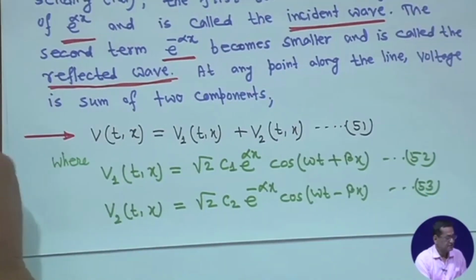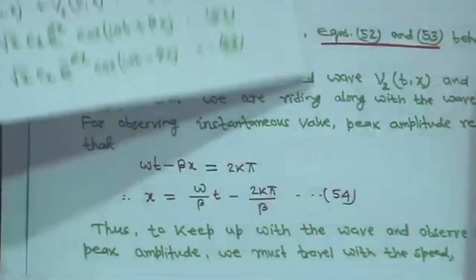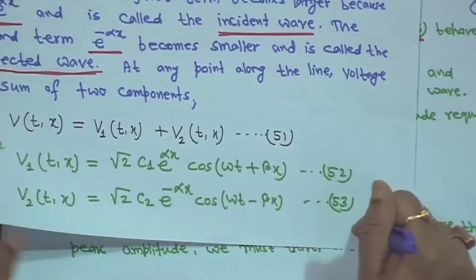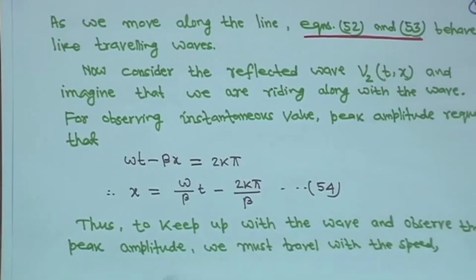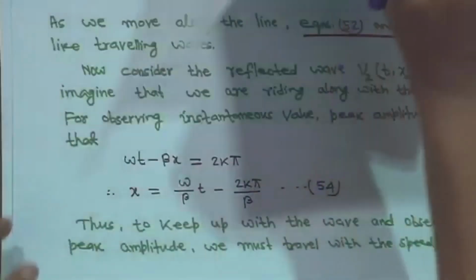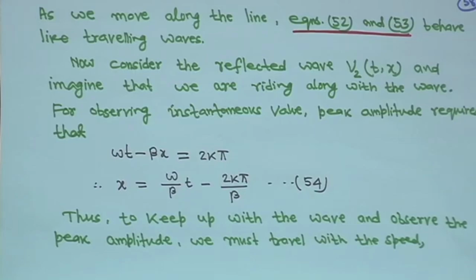Now, if you move along the line, equations 52 and 53 behave like a travelling wave, because one is the incident wave and another is the reflected one. We will consider the reflected wave part, that is V 2 of t, x, and imagine that we are riding along with the wave.